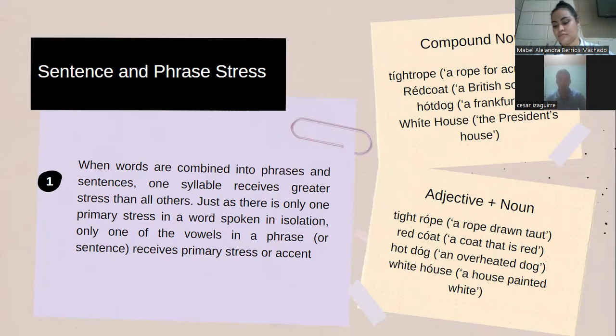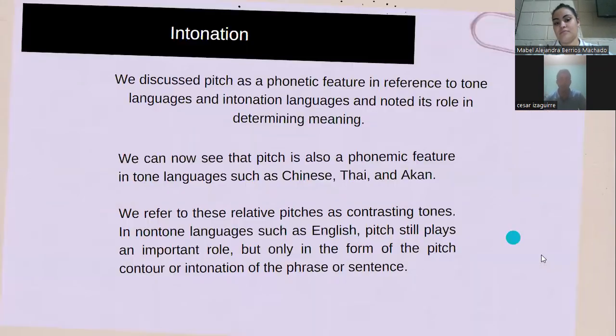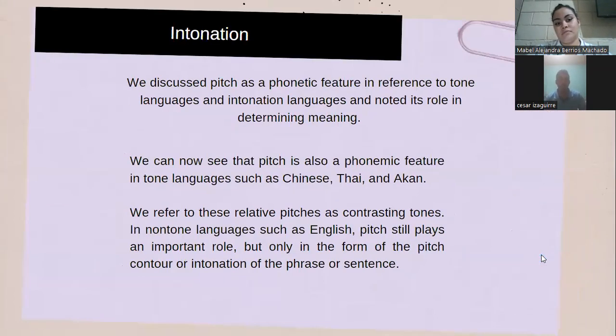And intonation: we discussed speech pitch as a phonetic feature in reference to tone languages and intonation languages, and not its role in determining meaning. We can now see that pitch is also a phonetic feature in tone languages such as Chinese, Thai, and Akan.